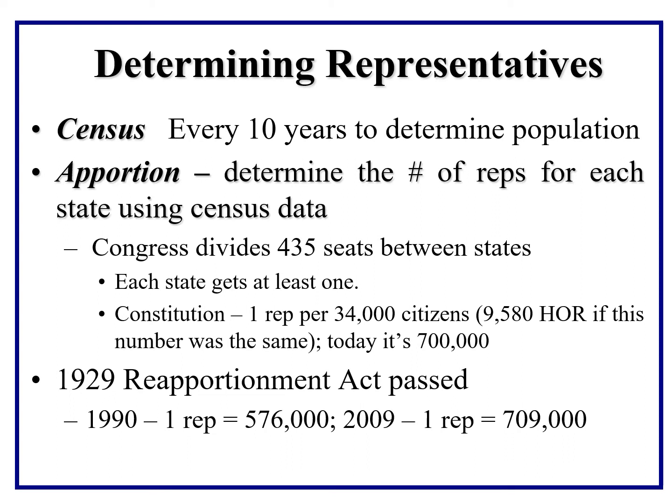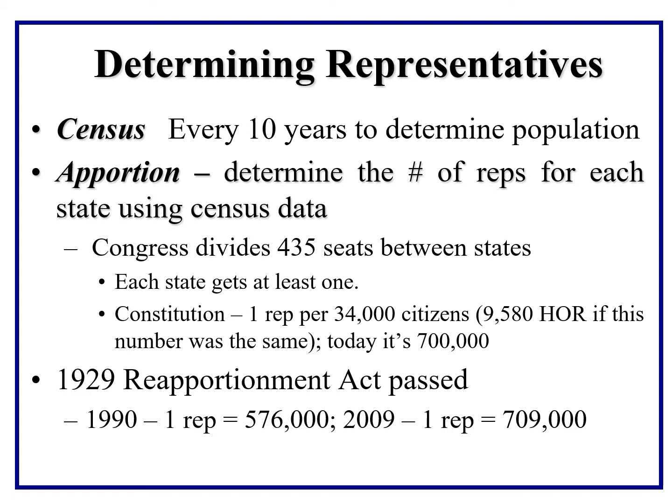Today, each House of Representatives member represents about 709,000 constituents. Now, obviously, following the results of the census that took place this year, that number will change next year. For example, just 30 years ago, it was 1 representative for 576,000 people.